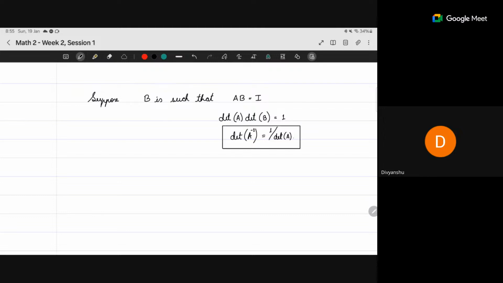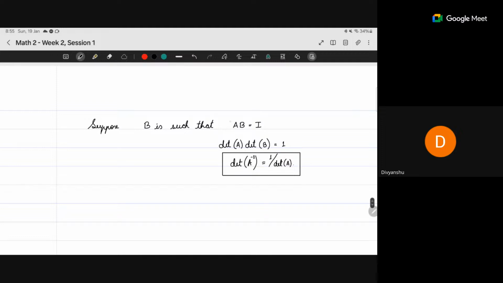1 by determinant of A, as a real number, is the inverse of determinant of A, provided determinant of A is not 0. And that is happening because it is given that determinant of A is not 0, then you have AB equal to identity, and then B I'm calling A inverse, and determinant of A inverse is 1 by determinant of A. Or if you want to write it more fancily, you can write it as determinant of A to the power minus 1.